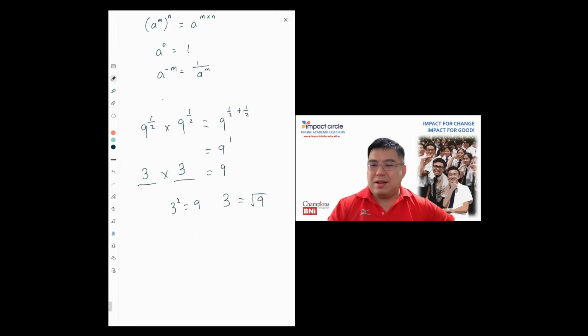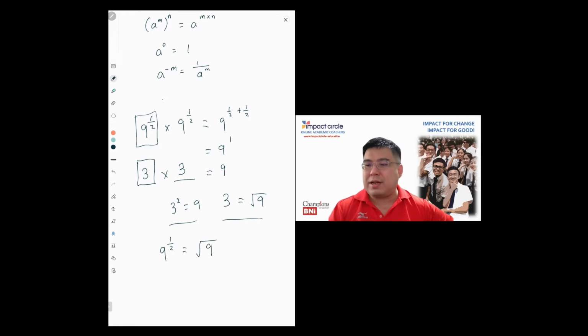These are two different ways of saying the same thing. So this shows us that actually 9 to the power of half is equal to 3, which means that the power of half is the same as taking the square root of that number.